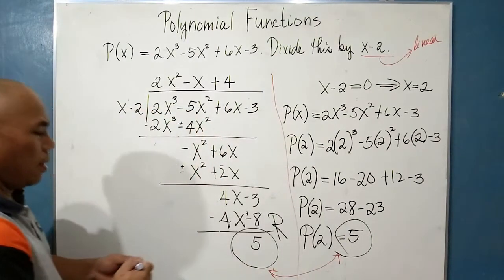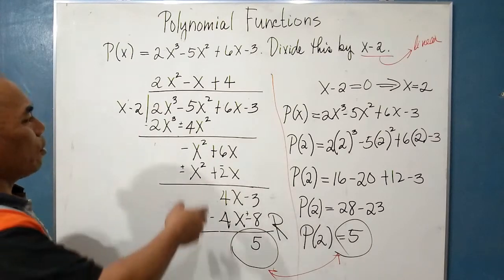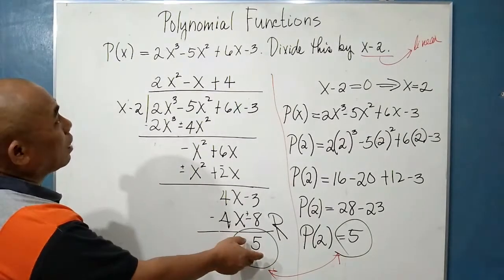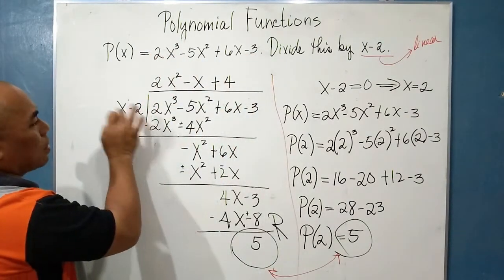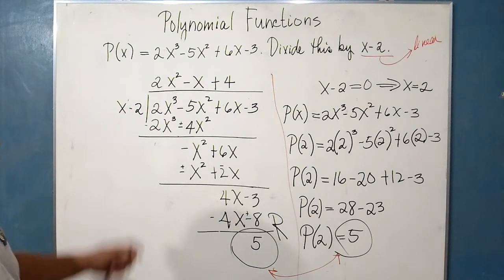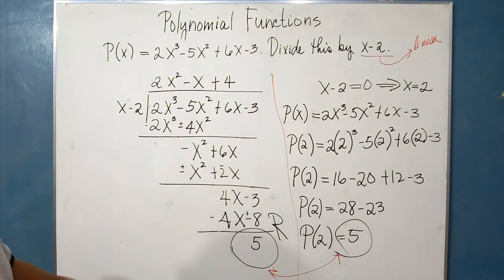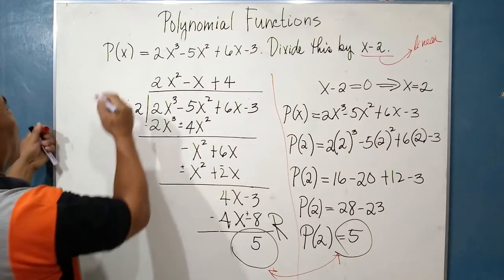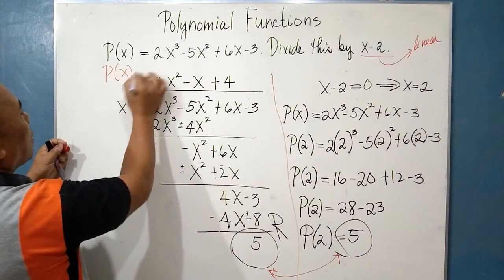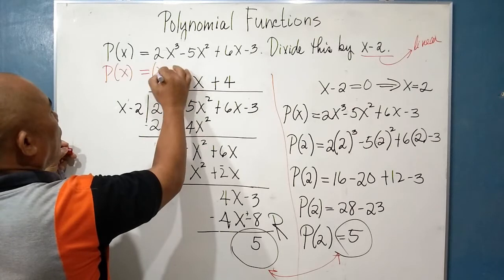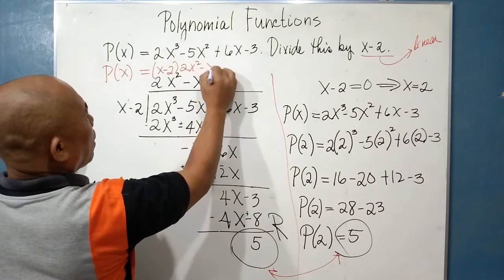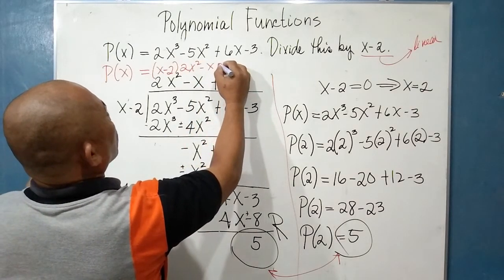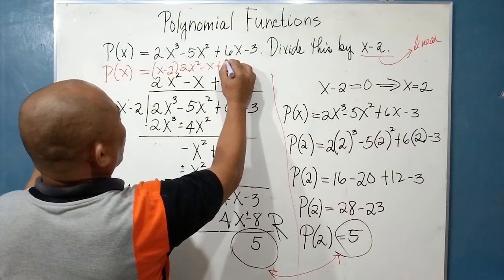Unsa may meaning ani? Sa longhand method, atong nakita nga si 5 is a remainder when this is divided by this linear x minus 2. Remainder siya. Meaning, pwede na to isulat p of x is equal to x minus 2 times the quotient 2x squared minus x plus 4.